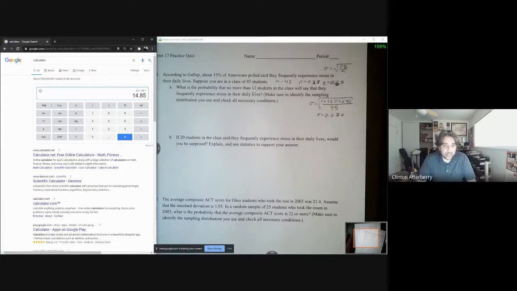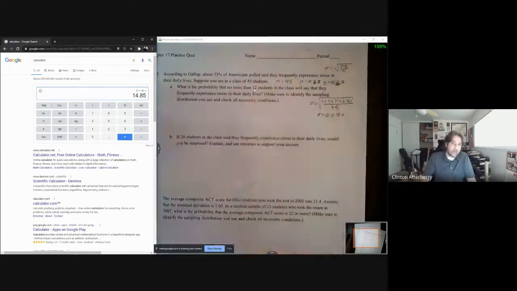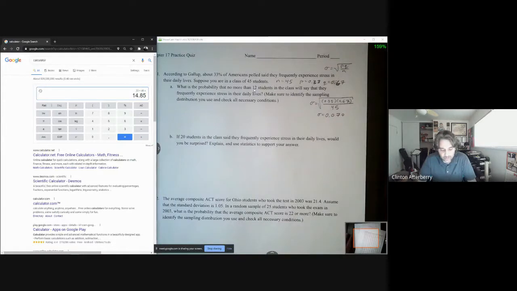But on an AP test, you should go through each one and say, yes, it meets this condition, yes, it meets that condition. I'm not going into that depth here, but just know we're going to be using the normal model.